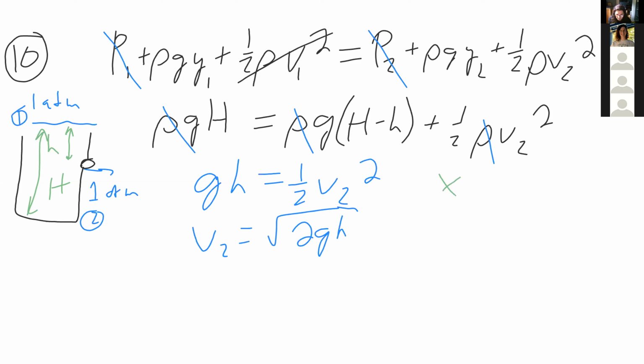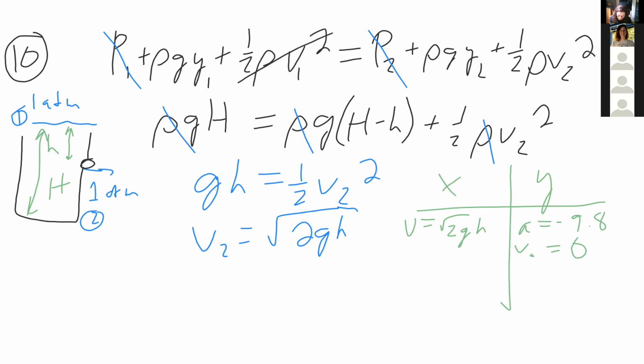So you do your x and y, and you'd have a velocity in the x of root 2gh, and that's not going to change. You just have delta x is what you're solving for, because it's velocity times time. Of course, we need the time to come from the y direction. So you just have the acceleration of negative 9.8 and the initial velocity of 0.